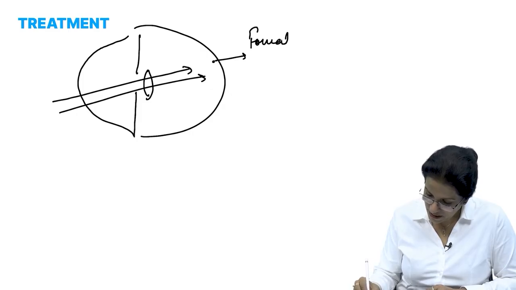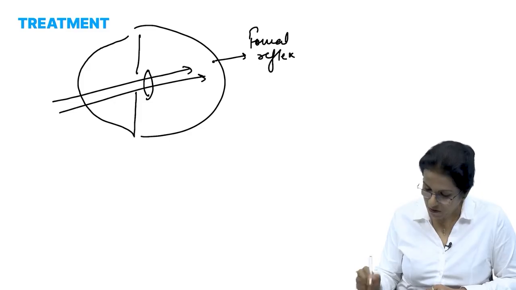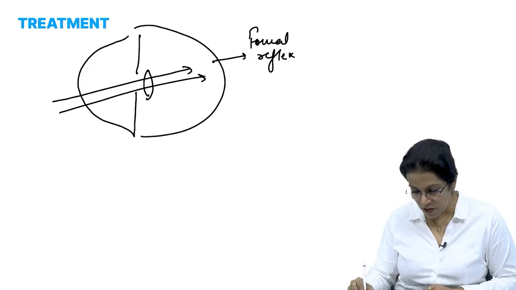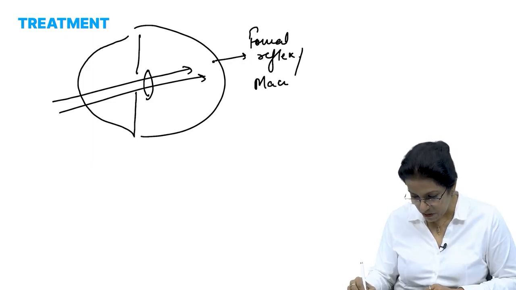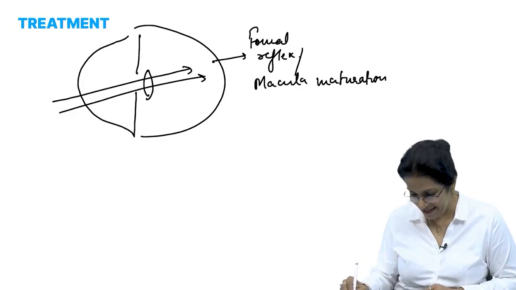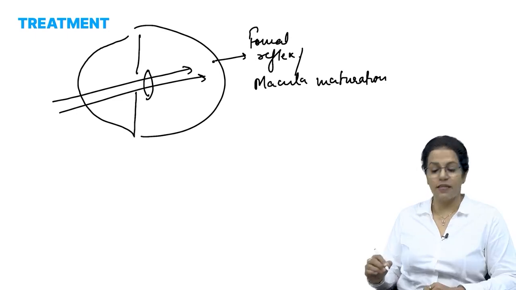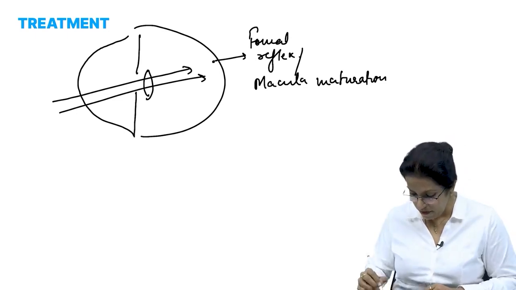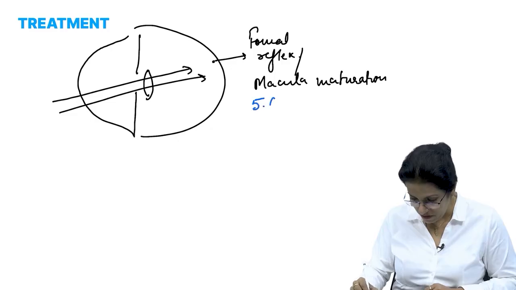So what is very important to understand is that the foveal reflex formation, which is also called macula maturation, occurs till 5 to 6 months of age. Okay.